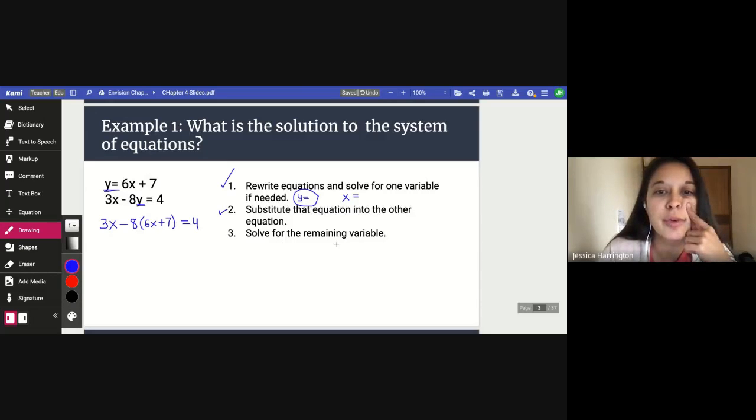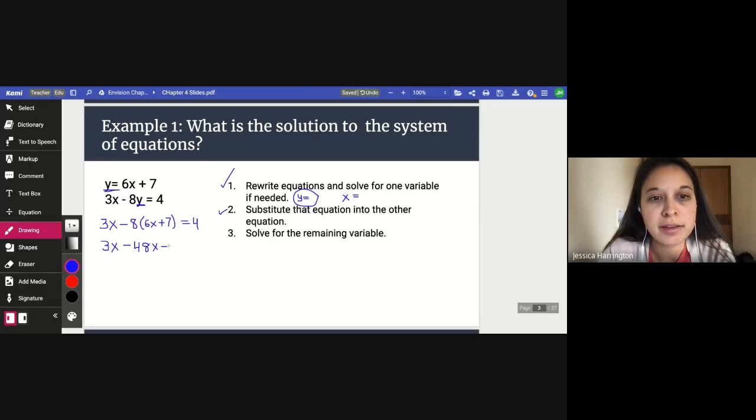Now it says solve for the remaining variable. Well, now the only variable we have in this equation is an x, so let's solve for it. I have 3x here, and now what I'm going to do next is distribute that minus 8. So what's negative 8 times 6x? Well, that's minus 48x, right? Okay, and what's minus 8 times 7?